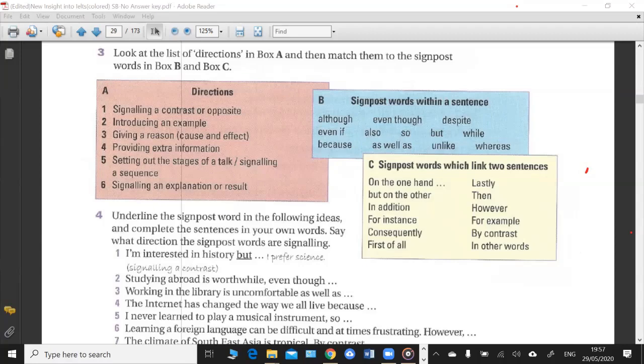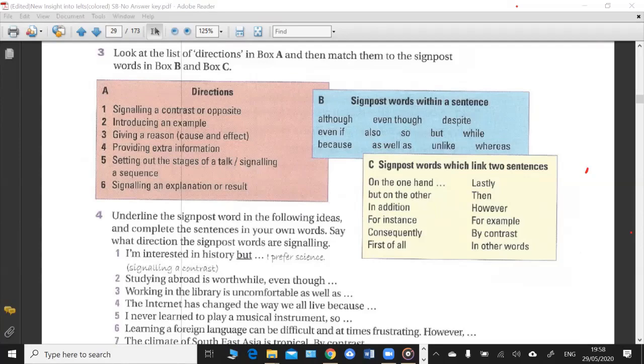So these are called sequence words. These words tell you the steps, like you do first, second, third, after that, later, finally, at the end, steps like this. These are the words which tell you the stages.